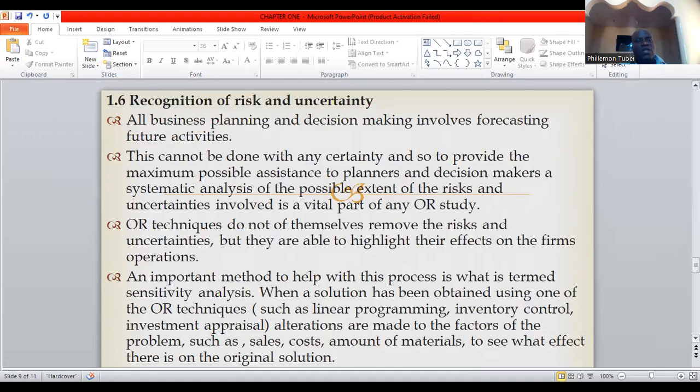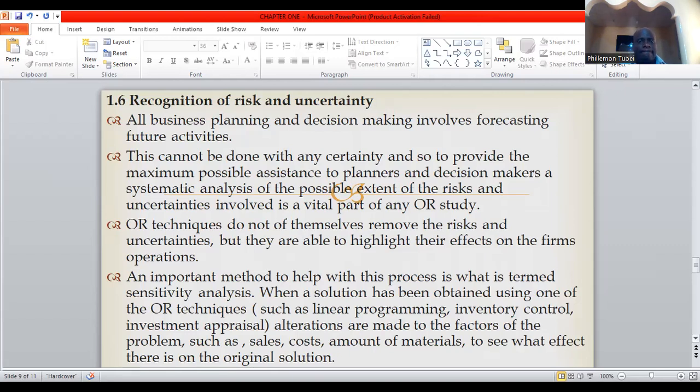Now, let us move to 1.6, where we are going to look at recognition of risk and uncertainty. This is common with all activities and projects and whatever production endeavors we are in, because there's none that is risk-free or zero risk. So we're saying this: all business planning and decision-making involves forecasting future activities.